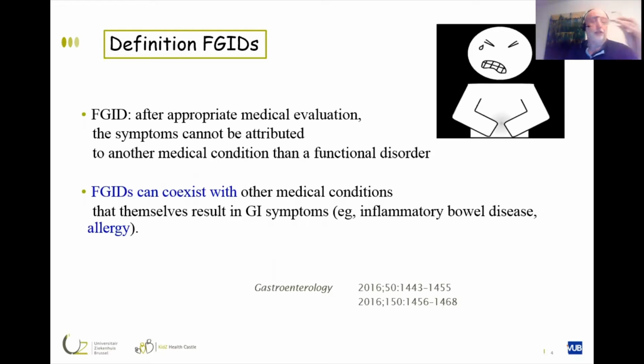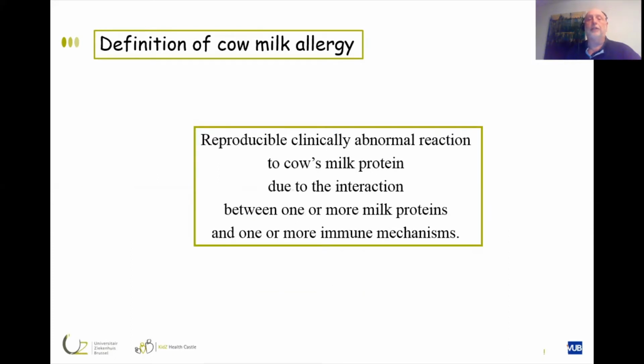And a functional gastrointestinal disorder can coexist with other medical conditions that themselves result in gastrointestinal symptoms. And cow's milk protein allergy is a perfect example of that. But it is not because the child does suffer cow's milk allergy that the child is protected from also having a functional gastrointestinal disorder.